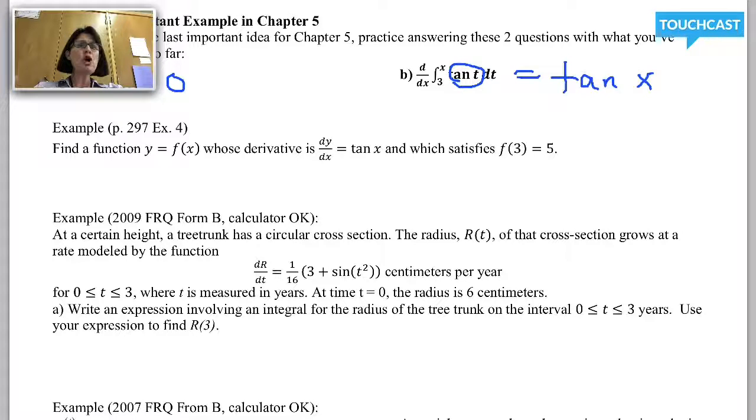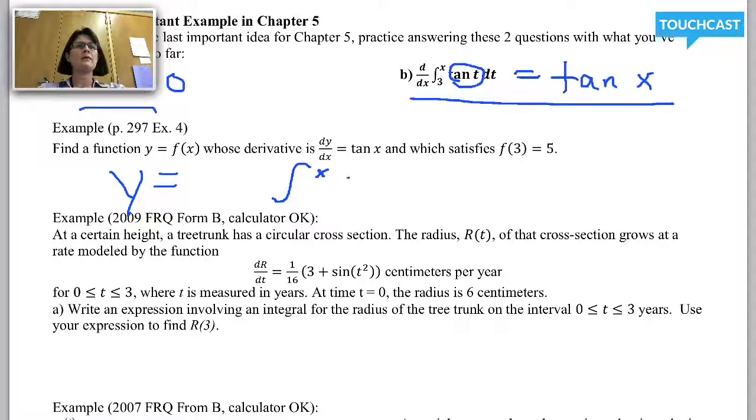So notice that I can write a function that incorporates these two ideas that I just practiced. I want a function whose derivative is tangent x. Well, why don't I write my function so that I'm integrating tan t dt.